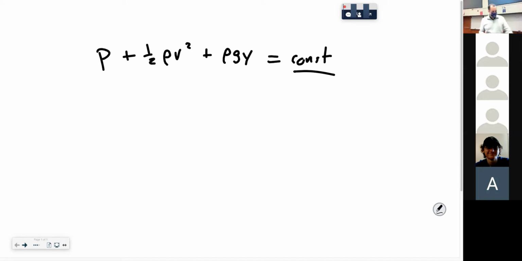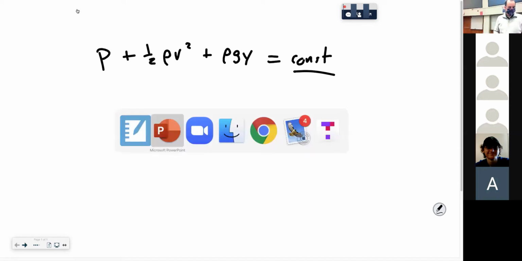And we can see P plus 1/2 rho V squared is a constant. If we change V, we have to change P, and they have to be inversely related. V goes up, P has to go down, as long as we're not changing y. If y stays the same, if V goes up, then P has to go down.